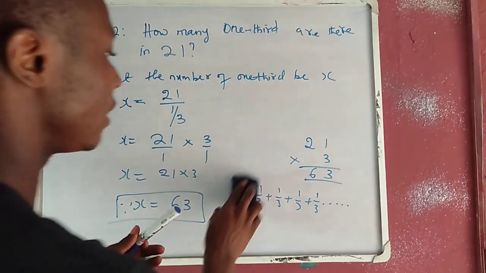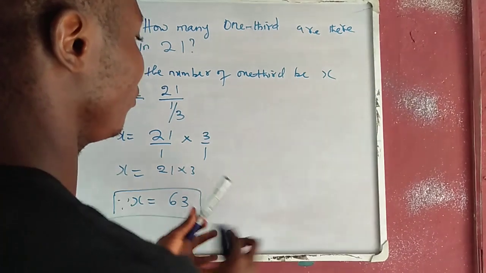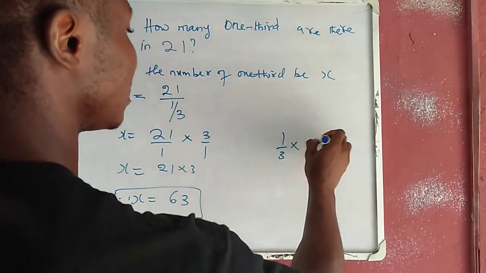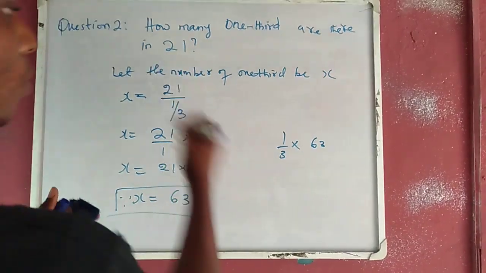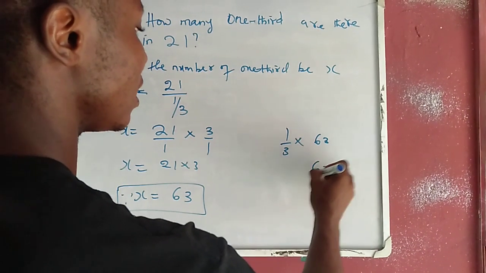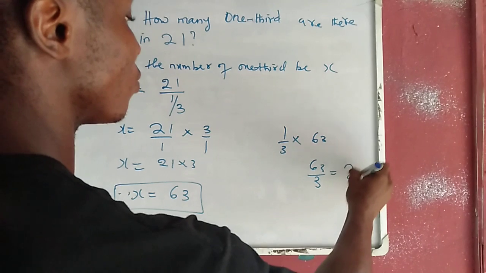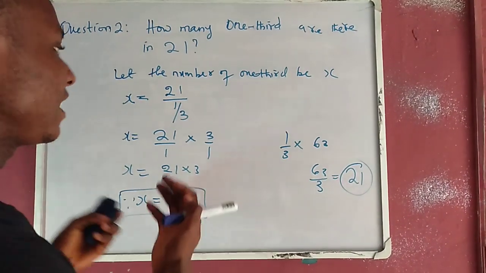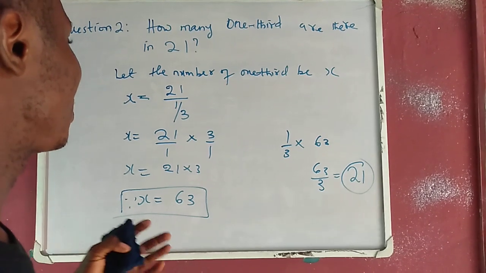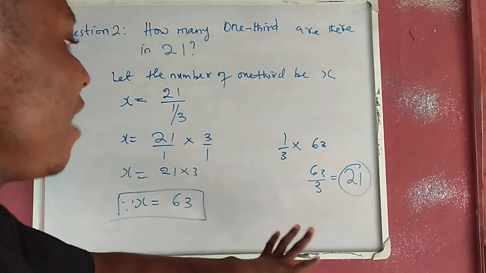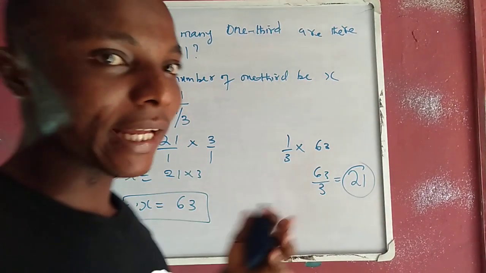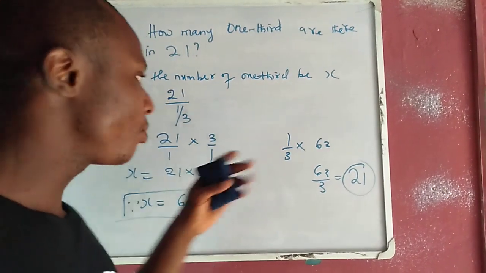Which means if you do one third times 63, you will certainly get 21, which is 63 all over 3, which is equal to 21. Right? So it is very easy to understand that you have 63 one thirds in 21. I hope you get that. It's quite simple and easy to follow.